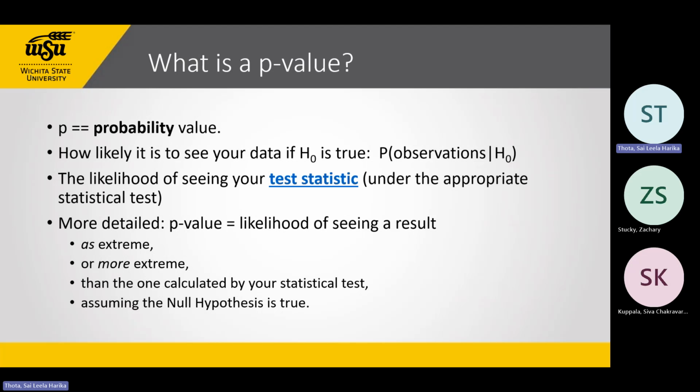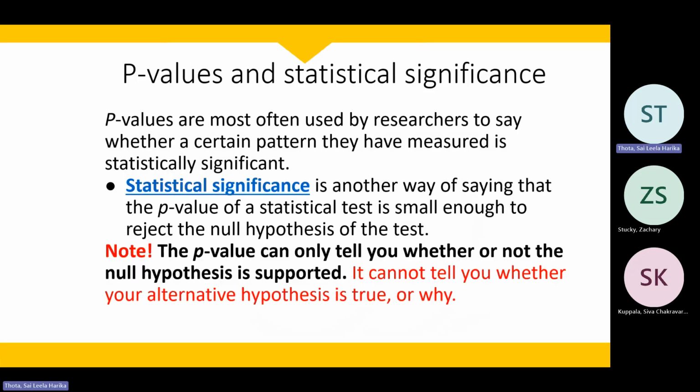In simple terms, if the p-value is less than alpha, we reject the null. If not, we don't reject the null and we accept the alternate. That is what this slide explains.